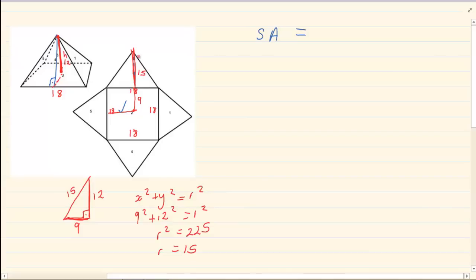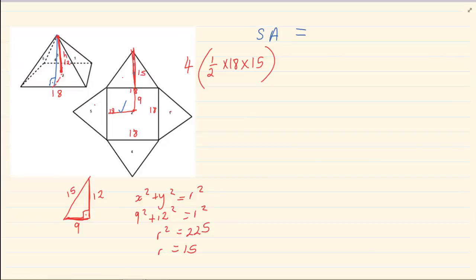So if I wanted the surface area of this triangle, it's going to be a half, and my base is going to be 18, and my height is going to be 15. But all in all, how many triangles are there? There are 4 triangles. Can you see? 1, 2, 3, 4. So we got half base times height based on our triangle, and we're timesing it by 4 because I have 4 triangles.